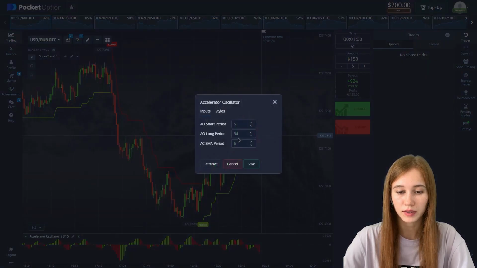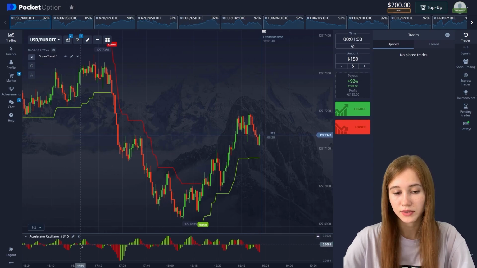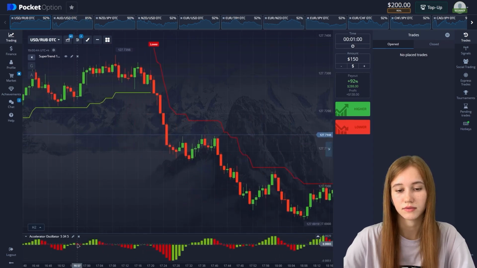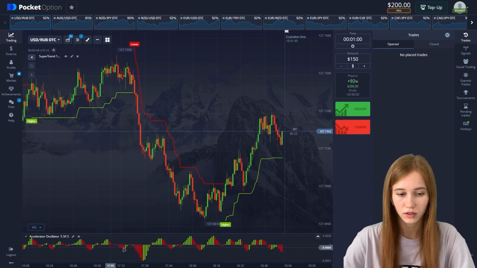So the second one, oscillator, you can see the settings. So how it works. We only need 2 consecutive confirming bars to open a trade. That's like here, here.